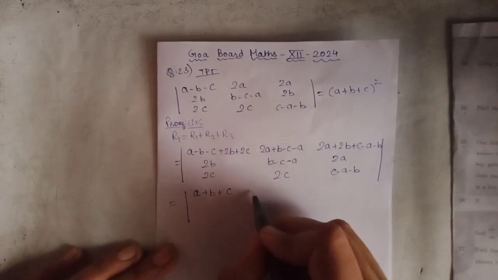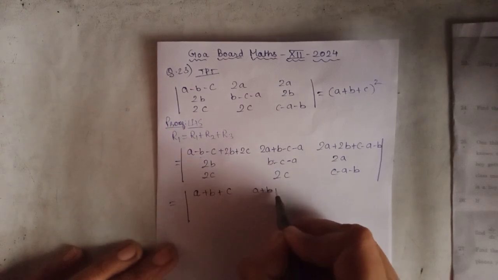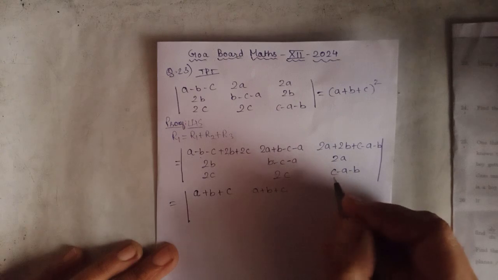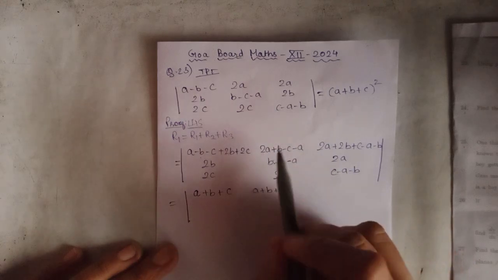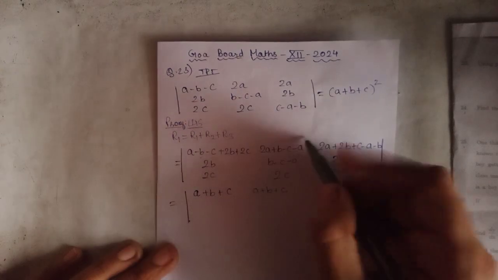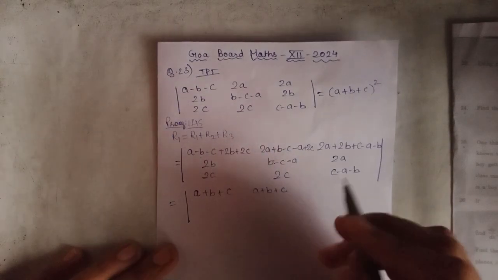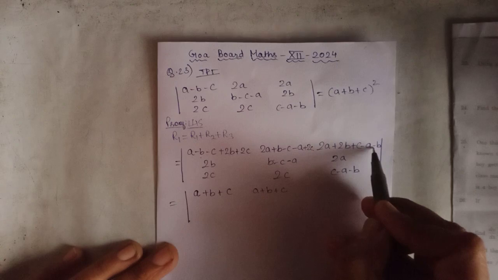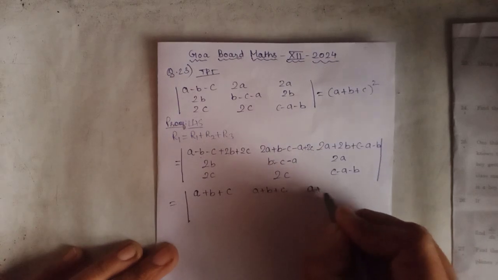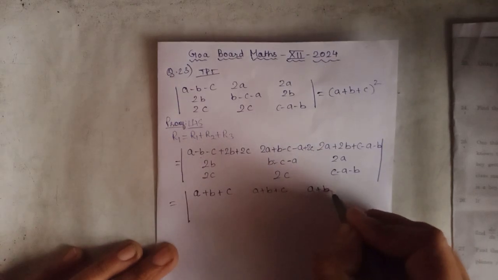Here also a plus b plus c. Plus 2c, so 2c minus c is c. Then here a plus b plus c.